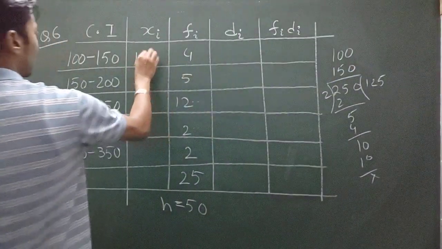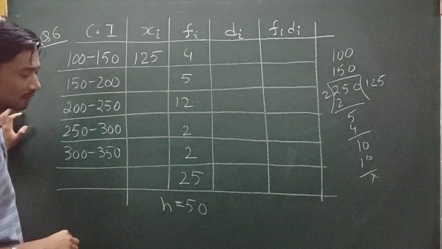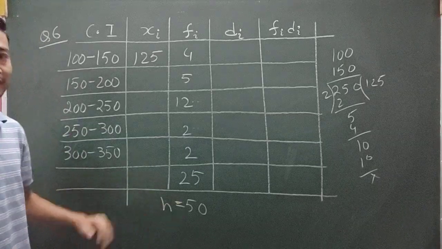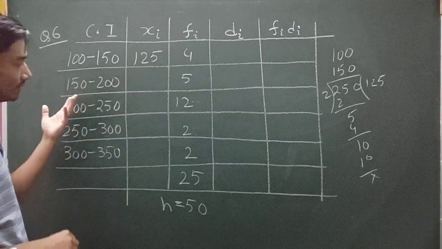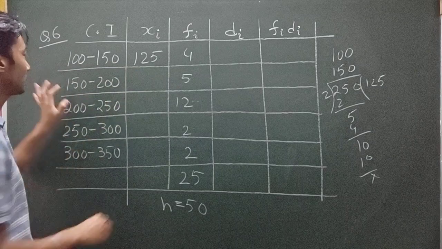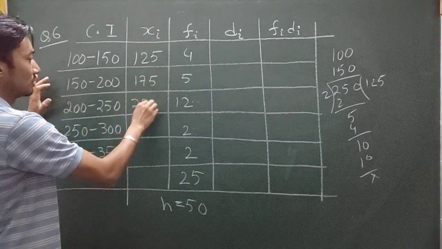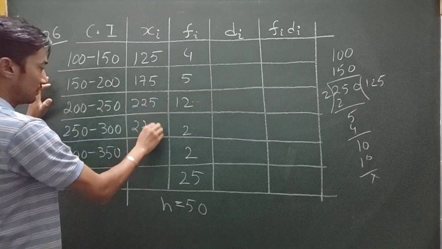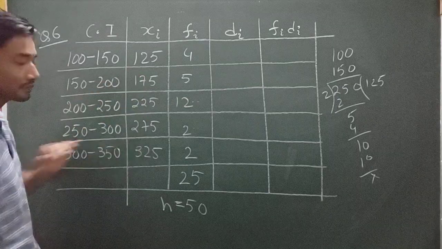So the middle value is 125. After that, what did I tell you? Class width is 50, so go on increasing by 50. You will automatically get the middle values also: 125, 175, 225, 275, 325.